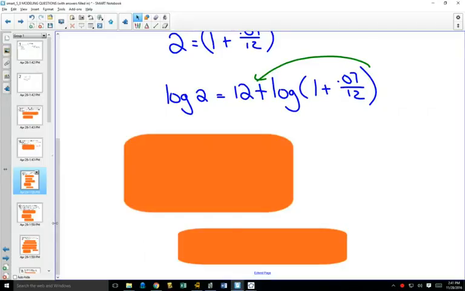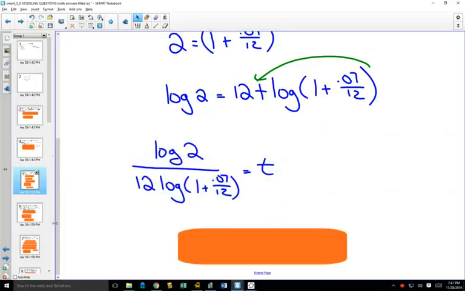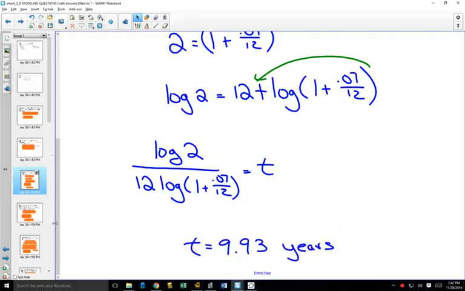Once that variable is out of that exponent, you can now get t by itself by dividing by 12 and log of 1 plus 0.07 divided by 12. Put that all into your calculator and check. Our estimate was 10 years, and it's actually really close to 10 years.